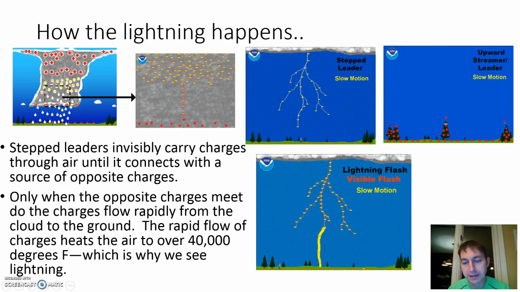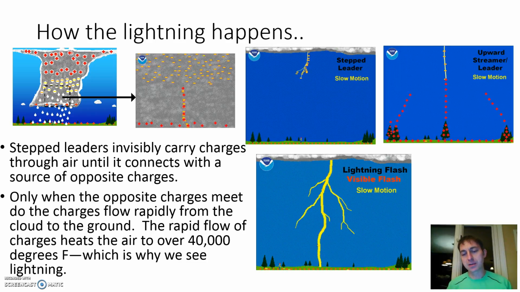So only when we connect those charges that are opposite, and we get the rapid flow of charges from the cloud to the ground, that's when it's heating up the air to a very high temperature, over 40,000 degrees Fahrenheit. And that's going to make the air so hot that it glows, and that's why we see lightning.